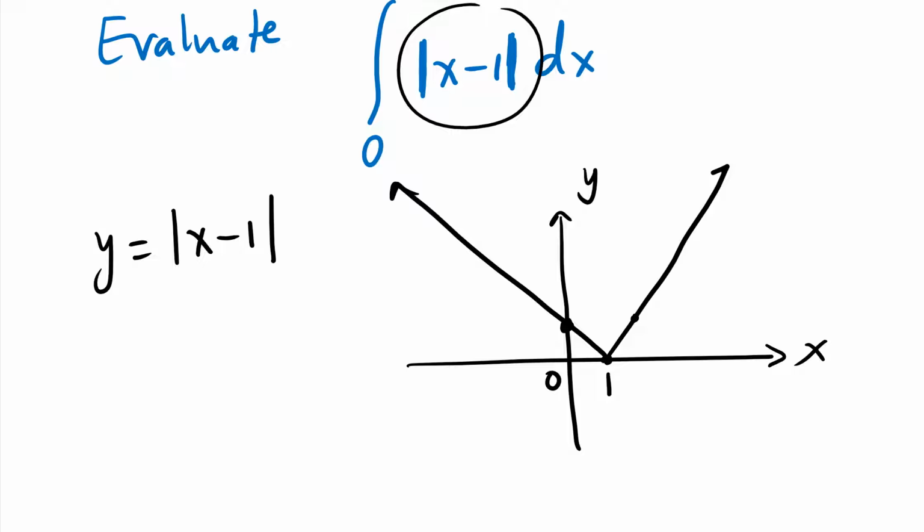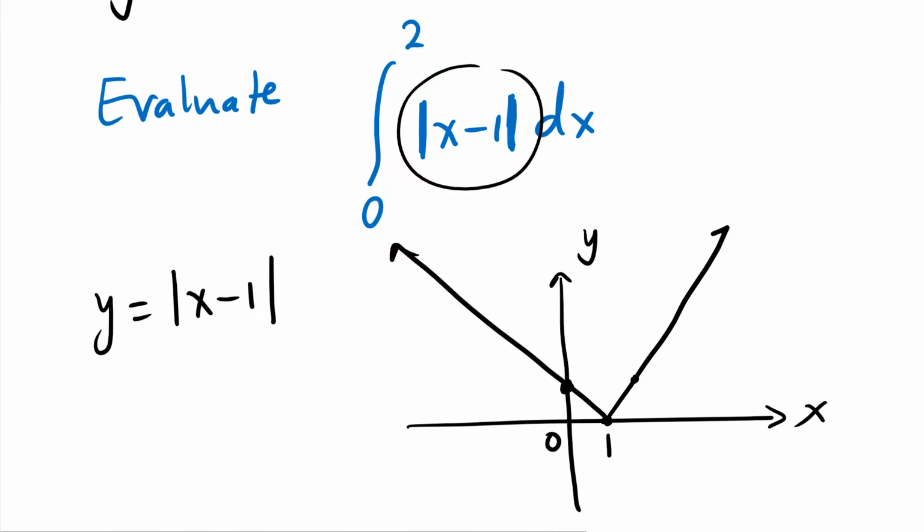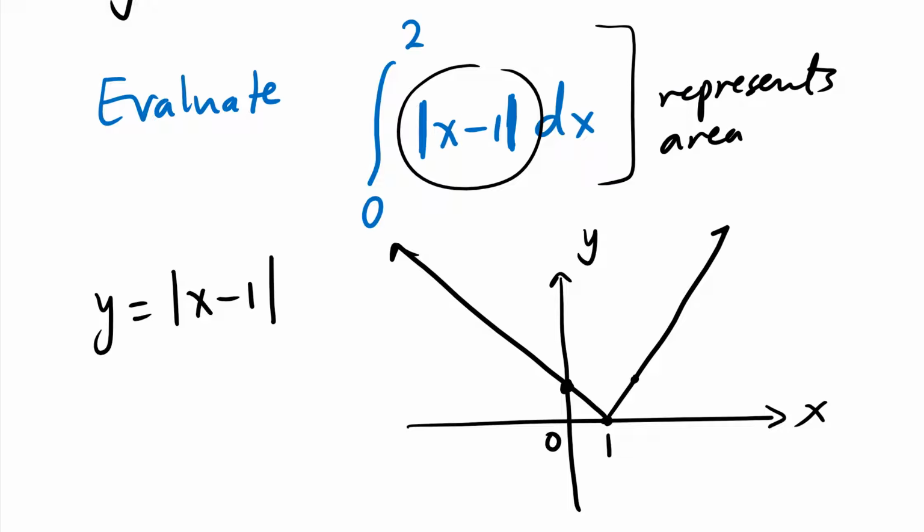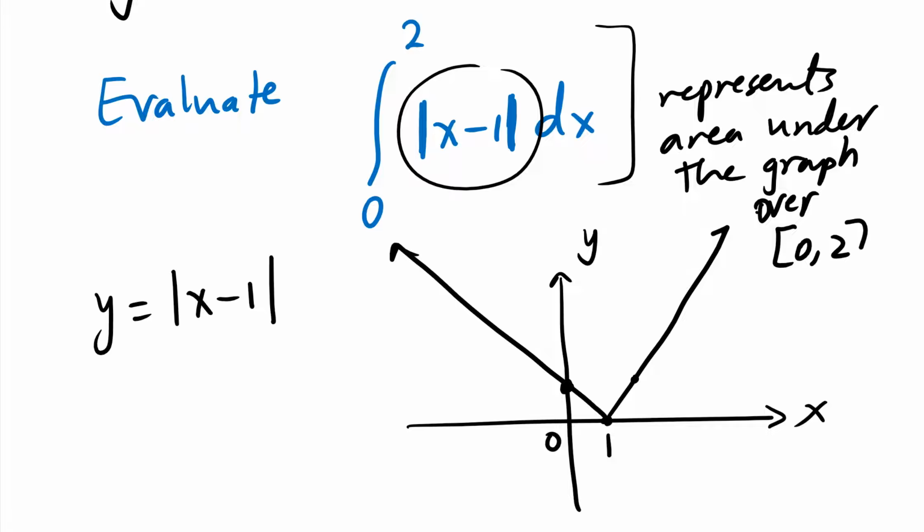They want us to find the area, because what this represents is the area under the graph over the interval 0 to 2.